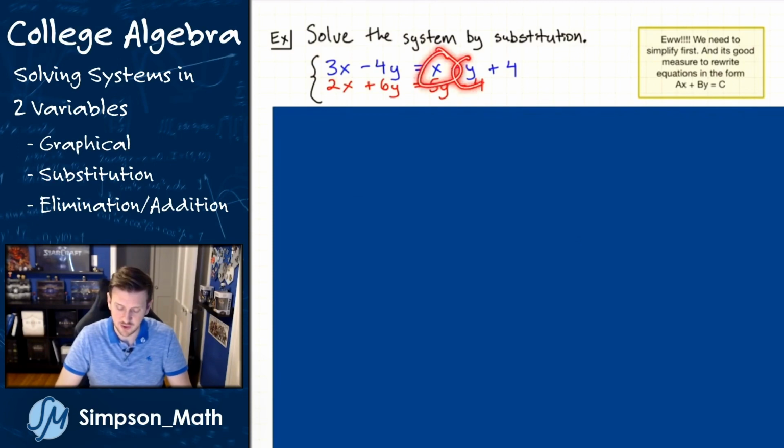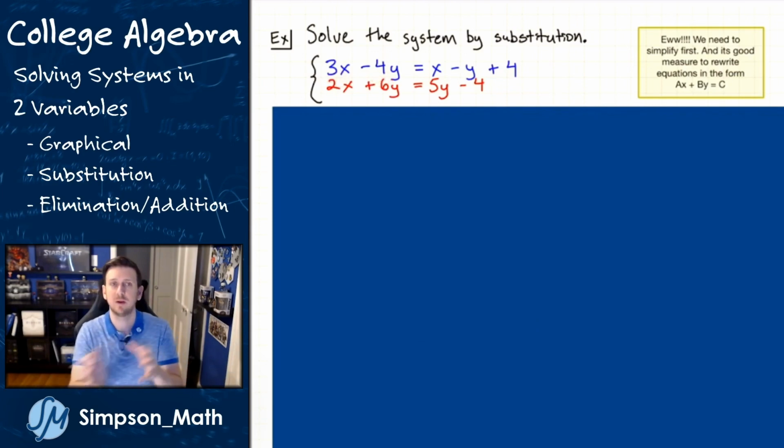You want to figure out which variables are easiest to solve for, and this x and this y aren't necessarily going to be the easiest ones, because you're going to have to combine them with these other x's and y's. So get all of our variables together, get one instance of each variable in each equation for you to decide which variable is going to be easiest to solve for, and then proceed with the substitution. So go ahead and pause this video and try this one on your own.